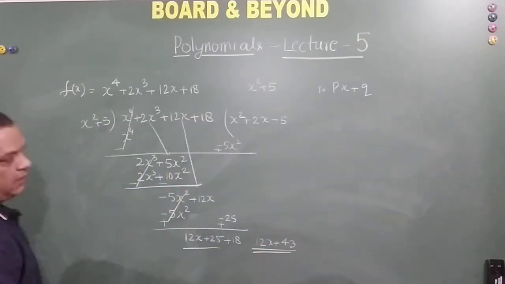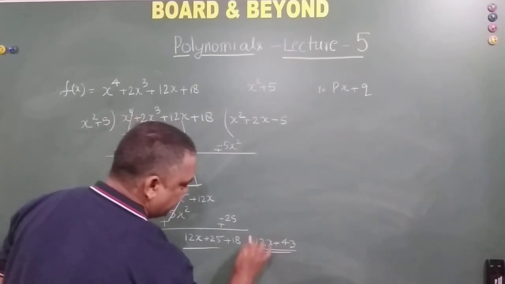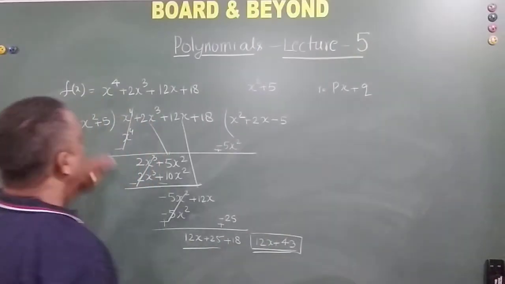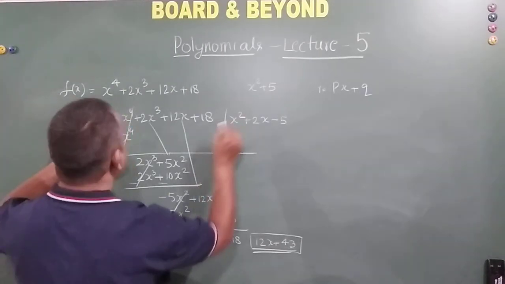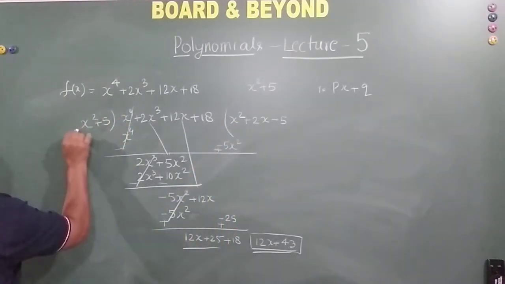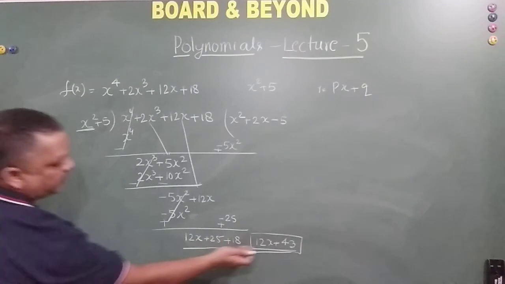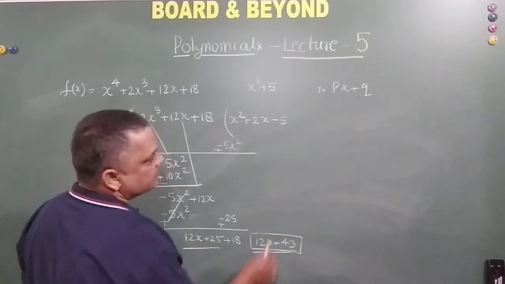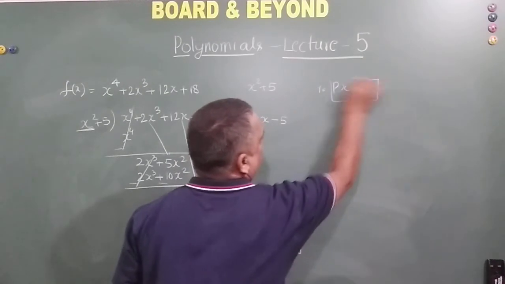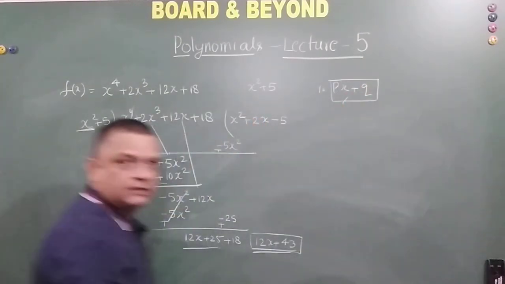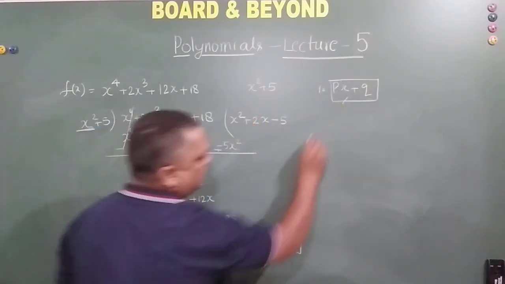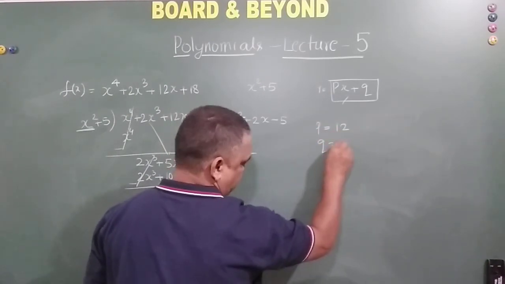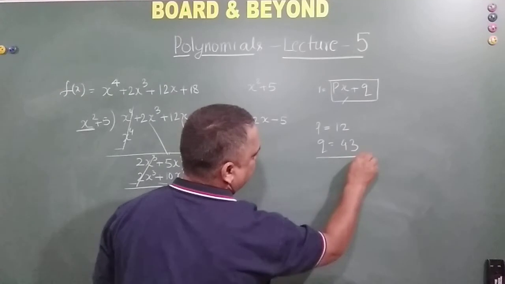So now you see, my friends, this is the remainder because I will not be able to further divide it. Why I will not be able to further divide it is that the first term which I have got here is of degree 2. I will not be able to get a degree of 1 here. So this is of the form px plus q. Compare this and this. p is equal to 12, q is equal to 43.